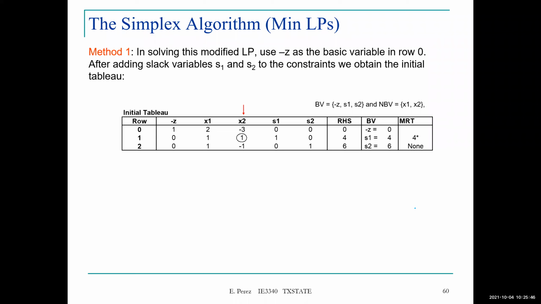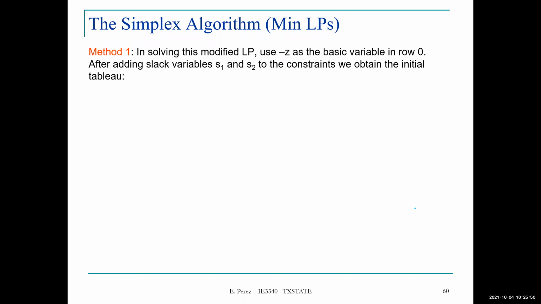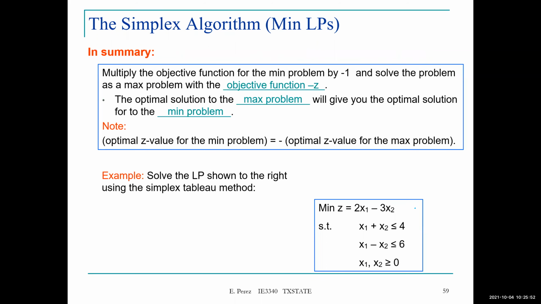So using method 1, we are multiplying the coefficients by minus 1. So this is minus z equals minus 2x1. So for this objective function using method 1, you are saying that this is going to be a maximization of minus z equals minus 2x1 plus 3x2.